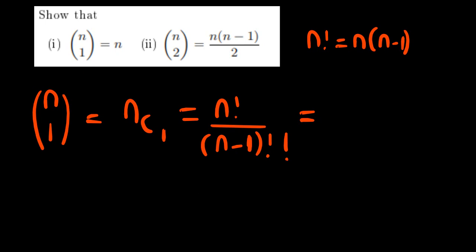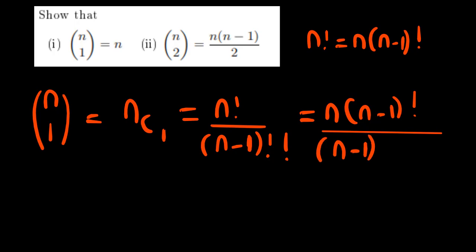If you want, again, you can subtract another one, n minus 2, and you'll be going like that, just subtracting by 1. But as for me, I'm going to end at n minus 1 factorial. Why am I ending there? Because I'm taking advantage of the n minus 1 factorial that is down. So I'm going to write n times n minus 1 factorial over n minus 1 factorial, then I've got a 1 factorial.